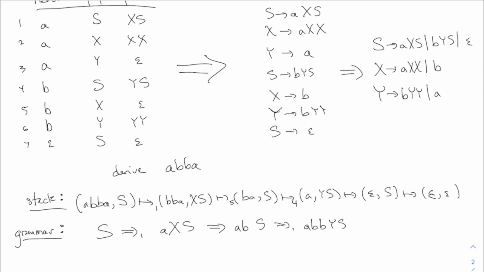This is grammar rule number 4 also, the same step that came from stack rule number 4. All right, and then the next stack rule that I did was read A, pop Y, push epsilon. That was rule number 3, and I'm going to do the third grammar rule. Y becomes A, followed by S, and then finally S goes to epsilon, which again is a copy of the stack rule. It now just says ABBA. All right.